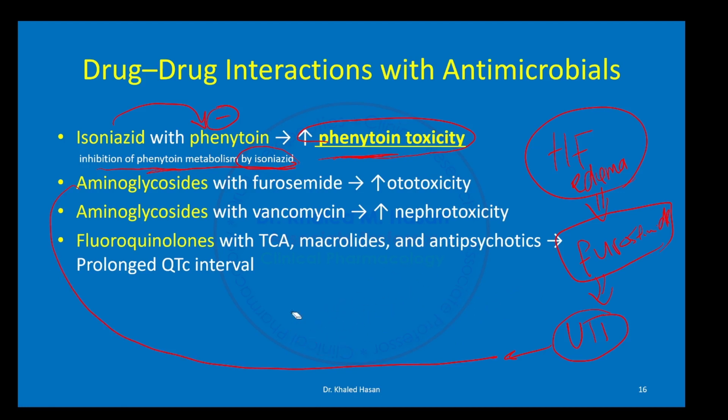But we need to bear in mind that aminoglycosides such as gentamicin increase risk of ototoxicity. At the same time, furosemide carries the risk of toxicity. So we have two agents that may cause ototoxicity.